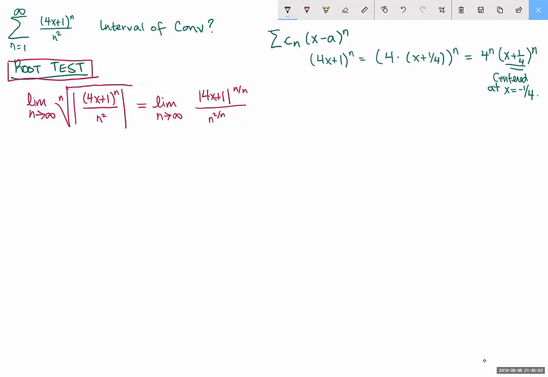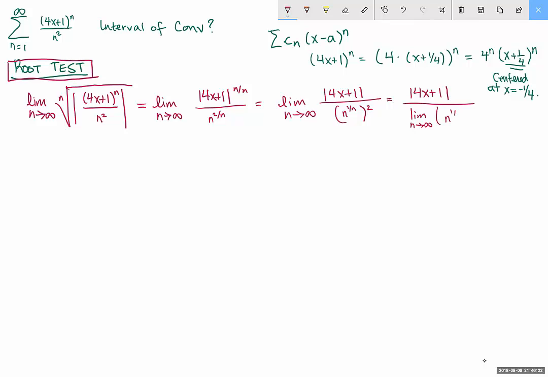To make sense of the denominator, I'm going to rewrite this as n to the 1 over n, squared. The reason I'd like to use that is now I can do the limit bit by bit: absolute value of 4x plus 1 on top, divided by the limit of the bottom.